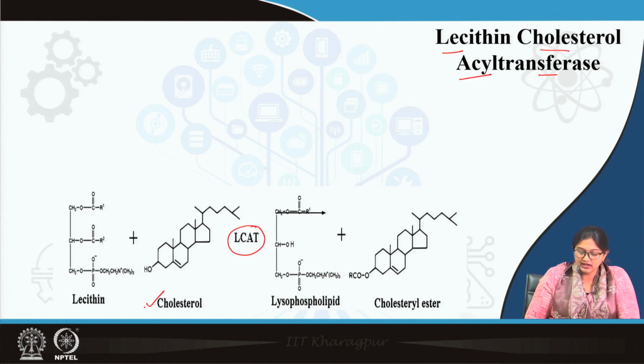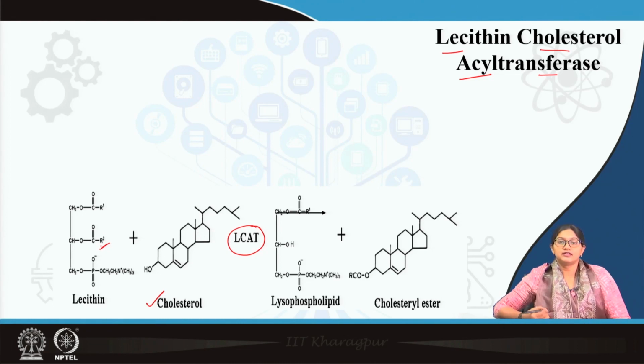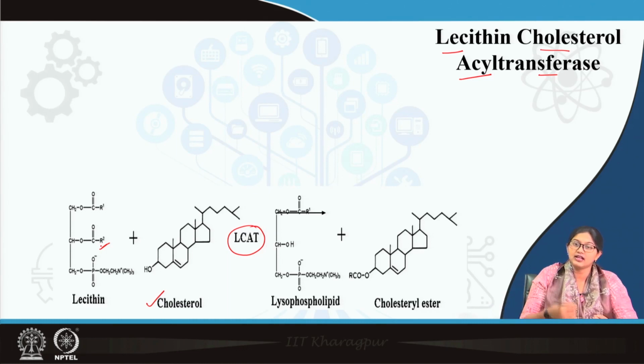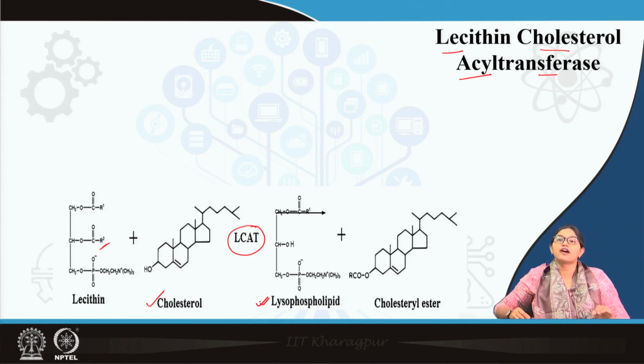It is basically transferring the acyl group, or fatty acid, to cholesterol. So, there is esterification of cholesterol, formation of cholesterol ester, and lecithin is converted to lysolecithin. This is the function of lecithin cholesterol acyl transferase.